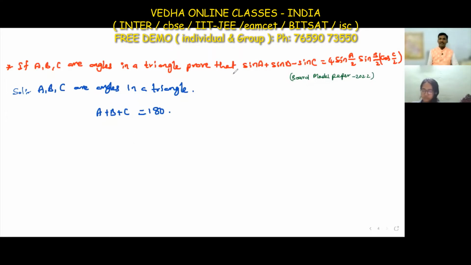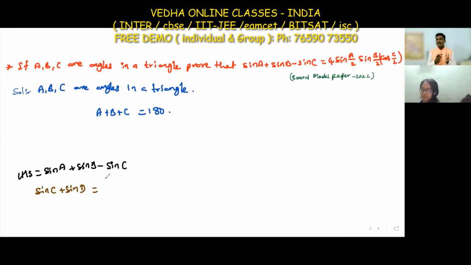Take LHS. LHS is equal to sin A plus sin B minus sin C. For the first two terms I am going to apply the sin C plus sin D formula. What is the formula for sin C plus sin D?